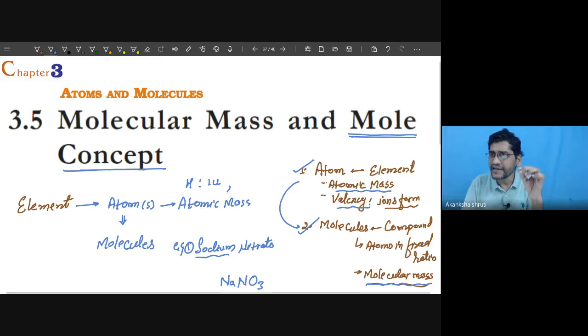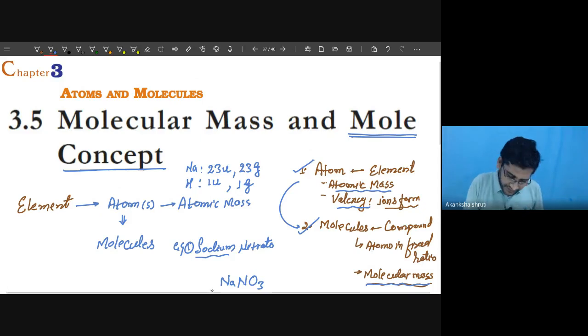But if we are taking the Avogadro number of hydrogen atoms, or 1 mole of hydrogen, then its atomic mass gets converted into grams and is written as 1 g. Good. If we are considering sodium Na, then its atomic mass or relative mass is 23 u. But if we are taking the Avogadro number or 1 mole of sodium atoms, then it becomes 23 g. This thing we have already learned.